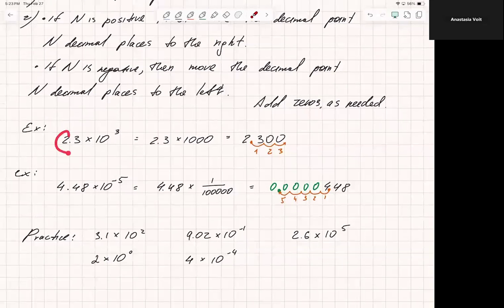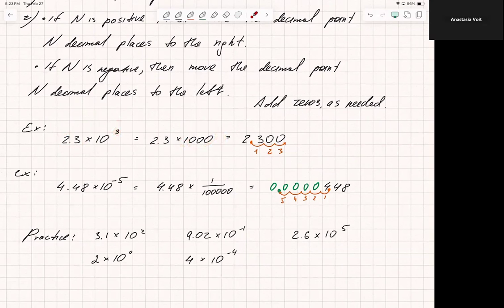So let's say we have this number written in scientific notation: 2.3 times 10 to the third power. It is the same thing as saying 2.3 times 1,000. The third power means that we have 3 zeros.